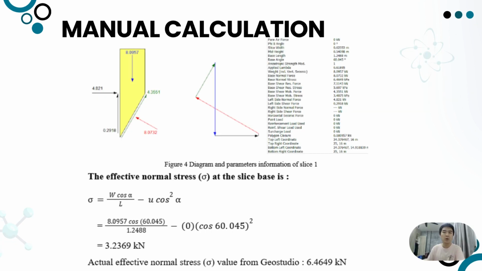For the manual calculation, first we need to calculate the effective normal stress sigma at the slice base. Sigma equals W times cosine alpha over L minus mu times cosine alpha squared. Sigma equals 3.2369 kN, and the actual effective normal stress value from GeoStudio equals 6.4649 kN.